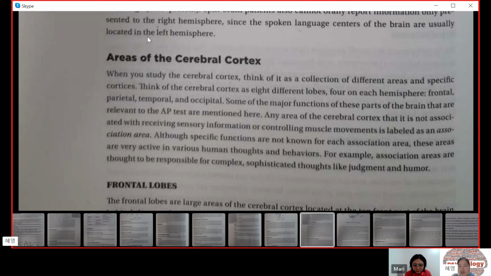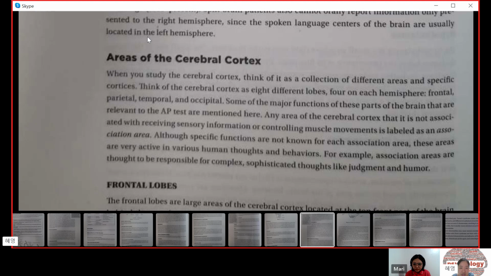Some of the major functions of these parts of the brain are relevant to the AP test and mentioned here. Any area of the cerebral cortex that is not associated with receiving sensory information or controlling muscle movements is labeled as an association area.